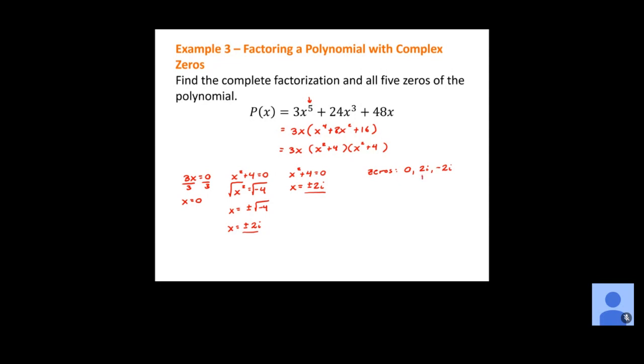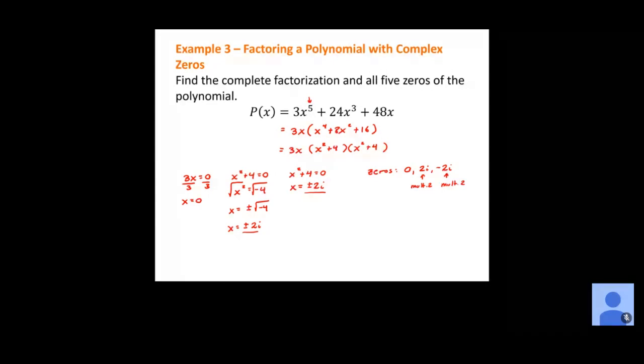So you'd want to say that this one here has a multiplicity of 2, and this one right here also has a multiplicity of 2, and therefore we actually have 1, 2, 3, 4, 5 zeros now, okay, if you actually count them that many times. Now, obviously in WebAssign, you're actually going to have to list them twice, right? So you would list 0, 2i, 2i, negative 2i, negative 2i. Those would be the 5 zeros.